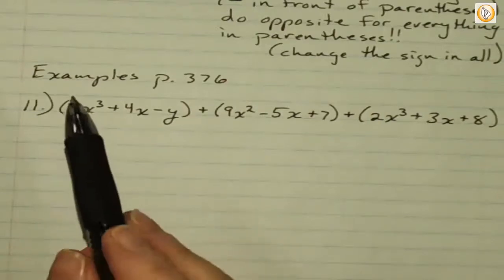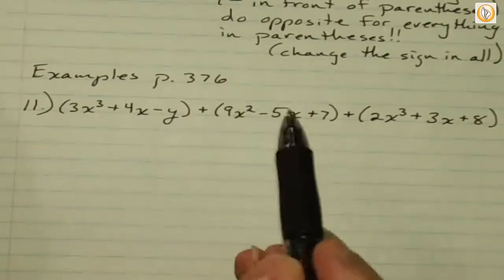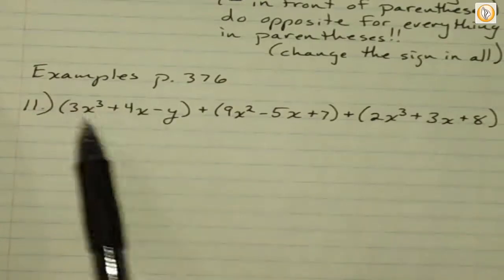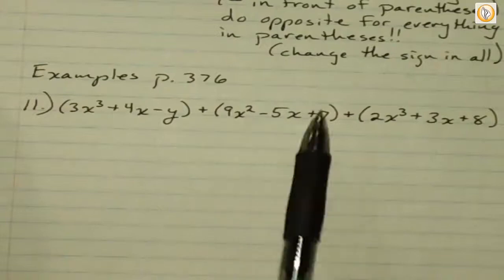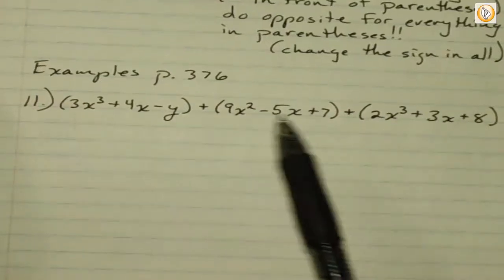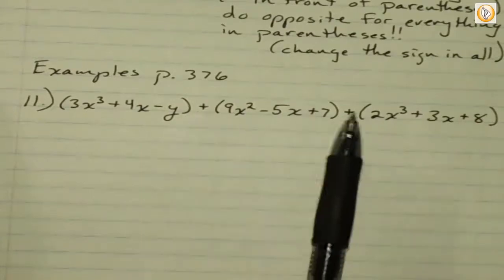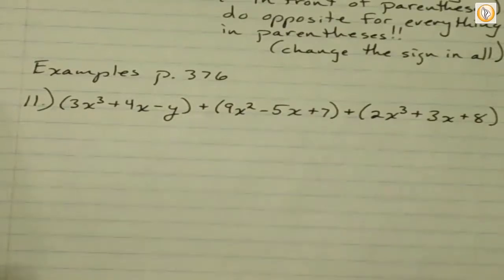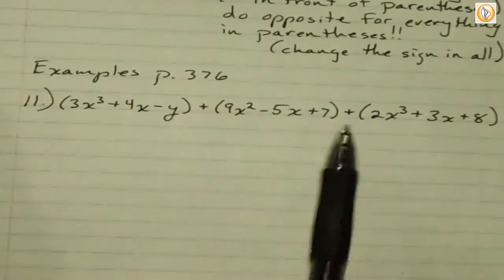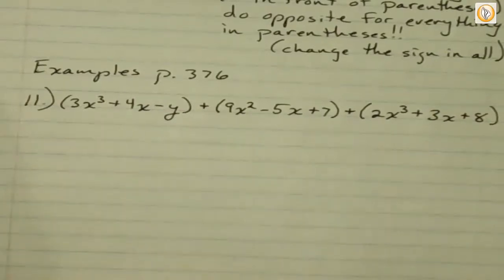Okay, what we have are three groups. Basically, this is a polynomial here, this is a polynomial here, and this is a polynomial there. So what we're doing is we are adding all three of these polynomials together. This time you are lucky, both are plus signs. So we're going to start with the vertical computation method.